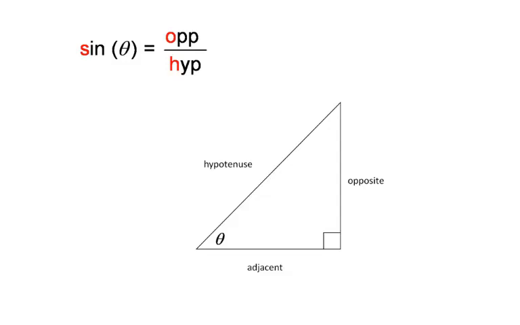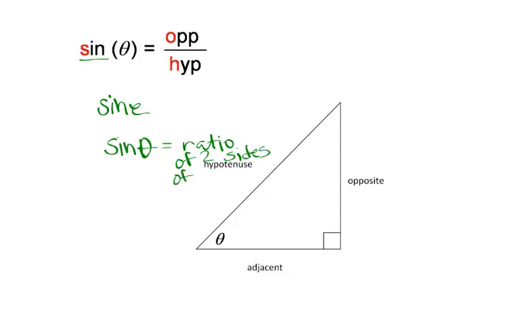The sine, S-I-N, which is shorthand for sine, the sine of theta is the ratio of 2 sides of a right triangle.